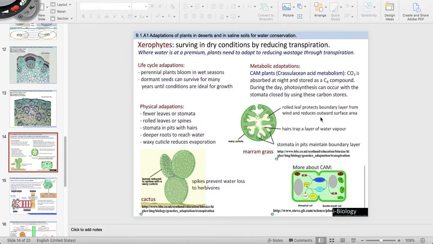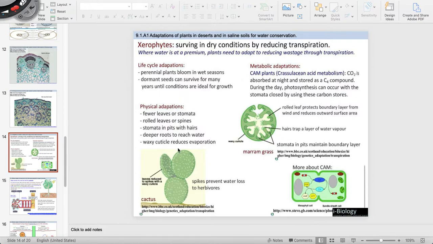The rolled up leaf protects the boundary layer from wind and reduces the outward surface. And then you have these tiny little hairs that surround the stomata. Having that additional layer of hair is going to stop the water from evaporating.